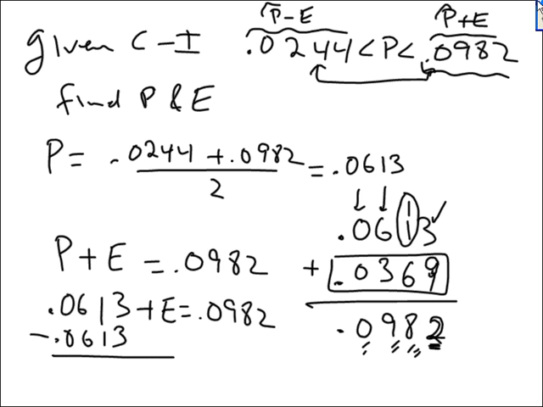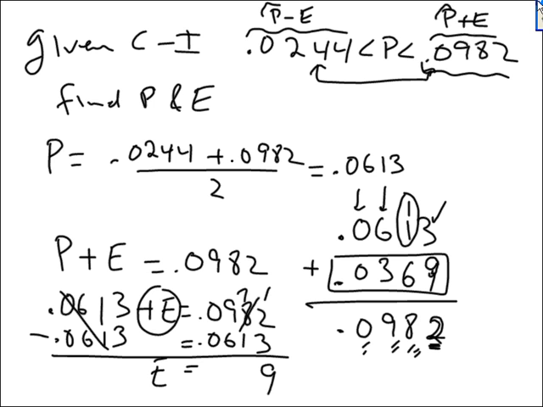Or you could subtract 0.0613 from both sides. On the left side, you just get positive E. On the right side, you get 12 minus 3 is 9, 7 minus 1 is 6, 9 minus 6 is 3, 0 minus 0 is 0. 0.0369 is E. So in fact, we found P hat and we found E. Excuse me, I don't know why I'm just saying this wrong.